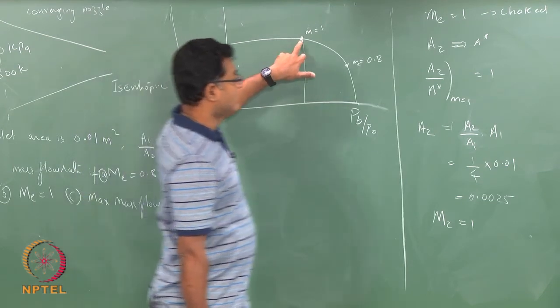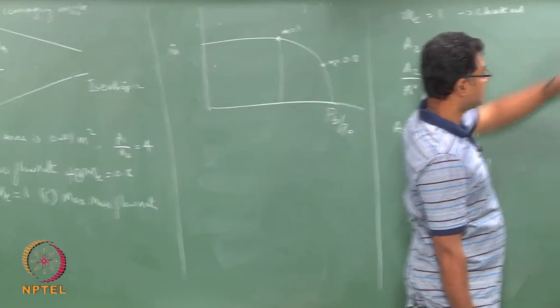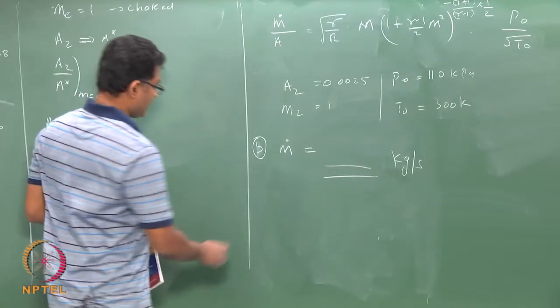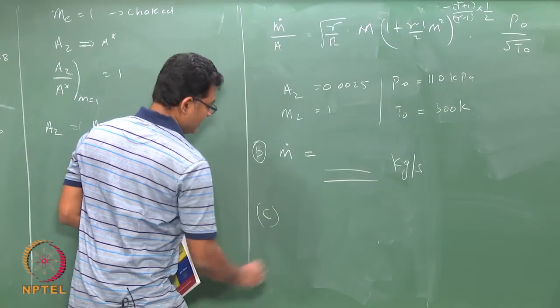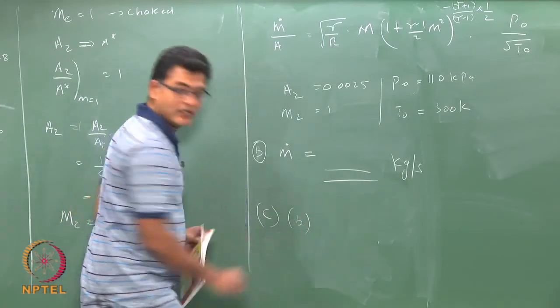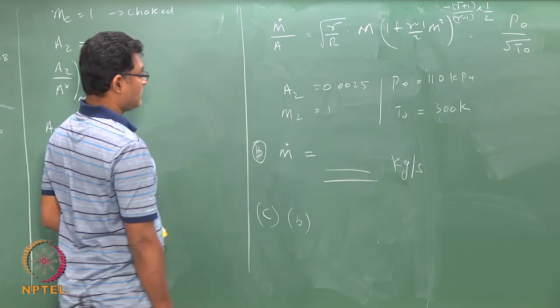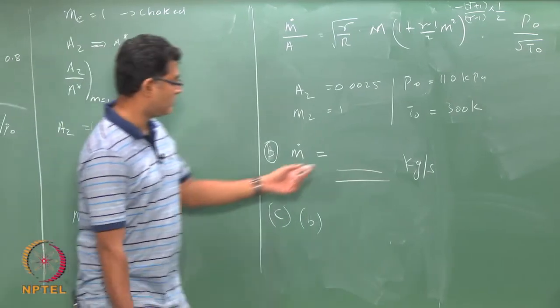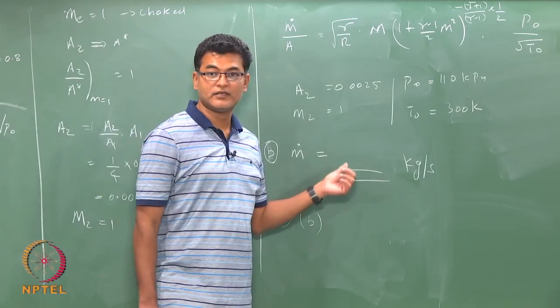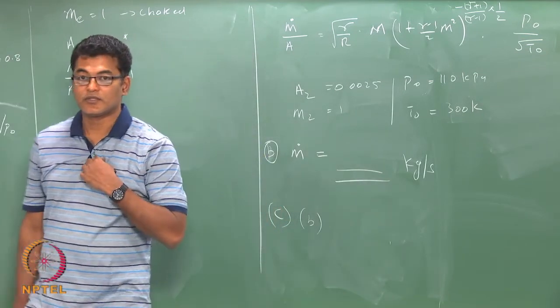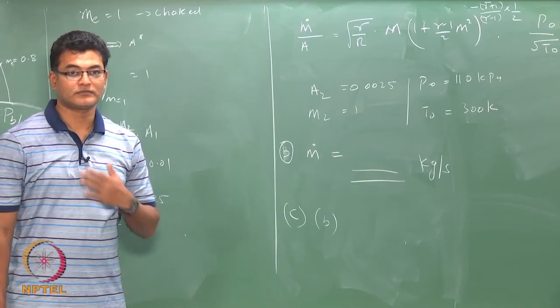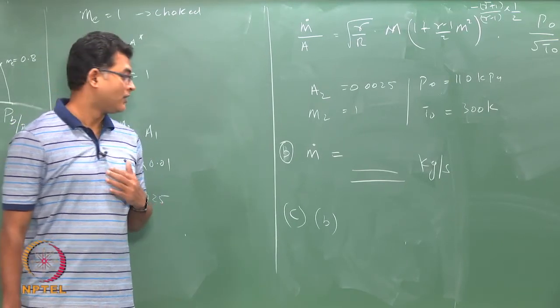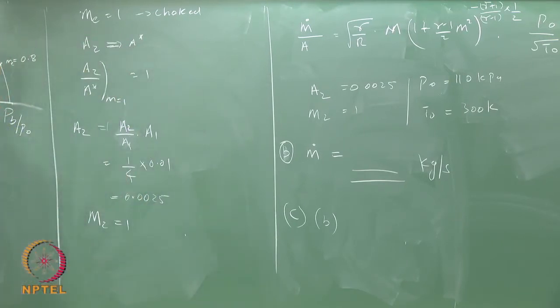So, for that particular area you would see the maximum possible mass flow rate. So, your answer to C is also your answer to B, which is what you get from here, which will be larger than what you got for the question A.